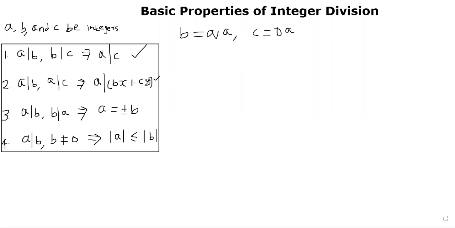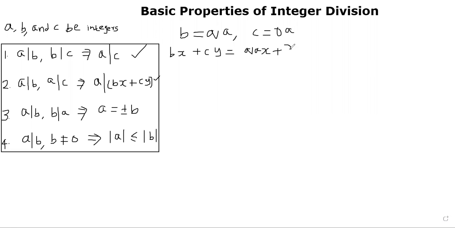In order to prove that A divides Bx plus Cy, I need to first construct the expression Bx plus Cy. X and Y are some integers. So what is Bx plus Cy? It is just QAx plus RAy.